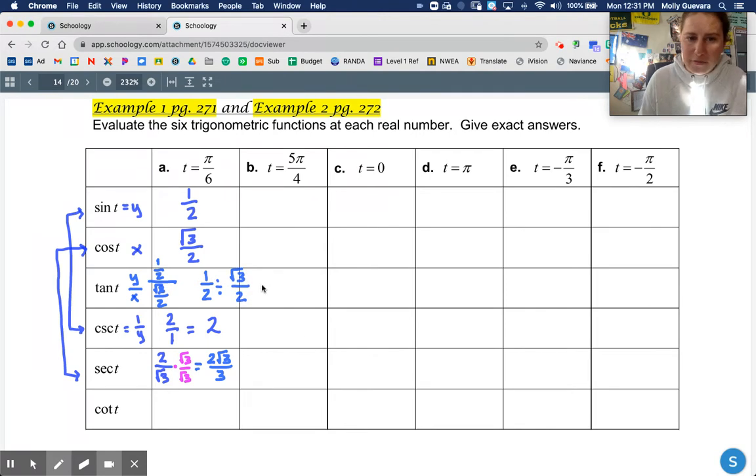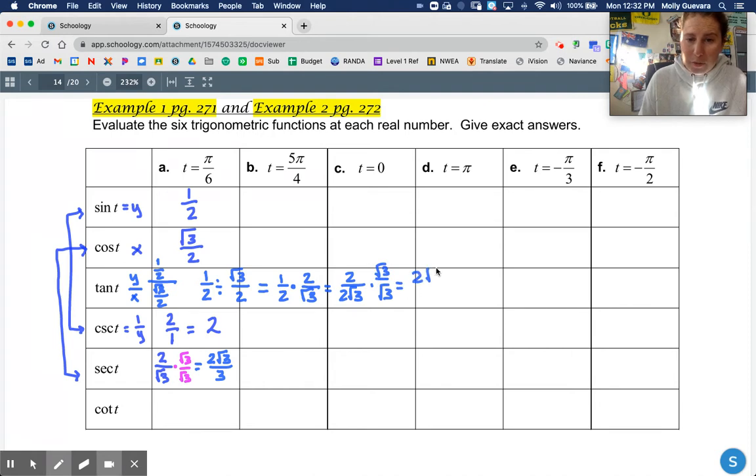Well, how do I divide fractions? Copy dot flip, right? So copy, and then I'm going to flip. 1 times 2 is 2, and then I have 2 root 3. Can't have that square root of 3 on the bottom, so I have to multiply by root 3 over root 3.